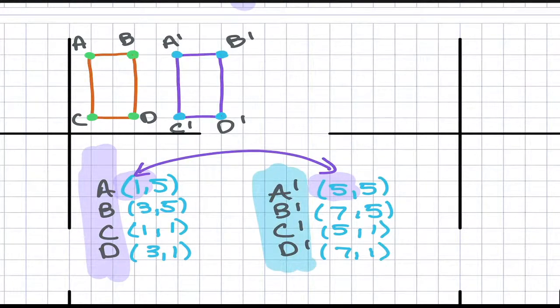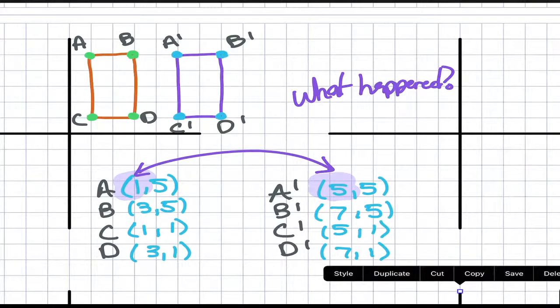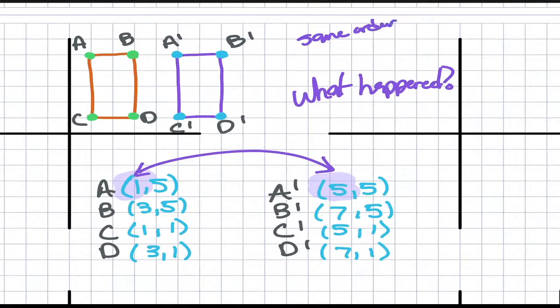So we're trying to answer the question, what happened? How do you take a 1 and make it into a 5? Since it's a translation, because these are the same order and the same size, just in a different spot, this is a translation.